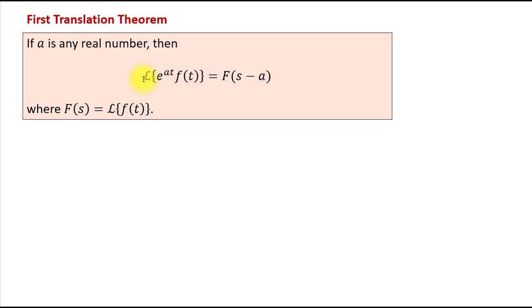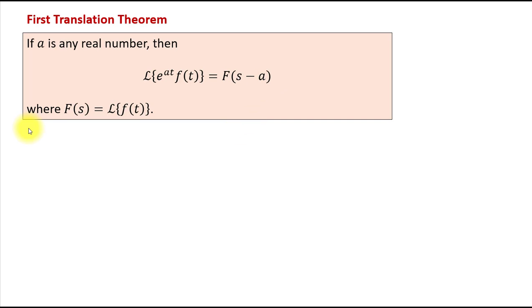Then the Laplace transform of the function that has the following structure, e to the power at times some other function f of t, equals the horizontal translation of the function F of s, which is in its turn the Laplace transform of this function f. After we already did those two examples, I think this formal definition of the first translation theorem should make sense. And what we'll do next, we're going to look at the inverse form of this theorem.